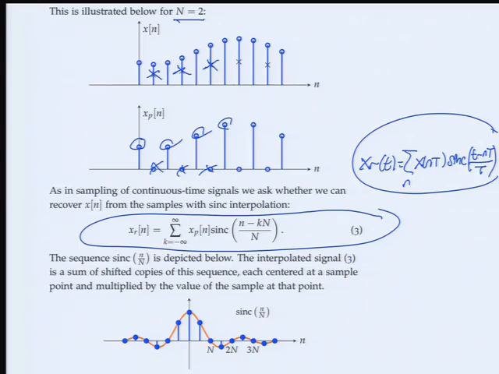So can you picture in your mind what's happening in equation 3? To each sample, you have one like this, centered at where that sample is, and then you add those up. If you twist your eyes, can you see what's going to happen? I have only samples. Let's say I'm keeping every 10th sample, so N is 10.